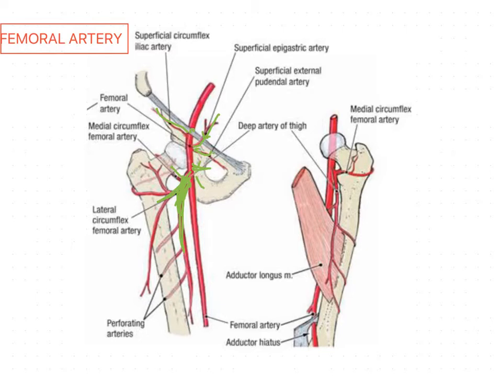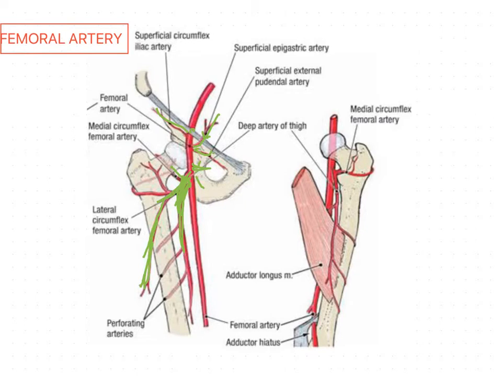The lateral circumflex artery has a descending branch, which takes part in the anastomosis around the knee joint.